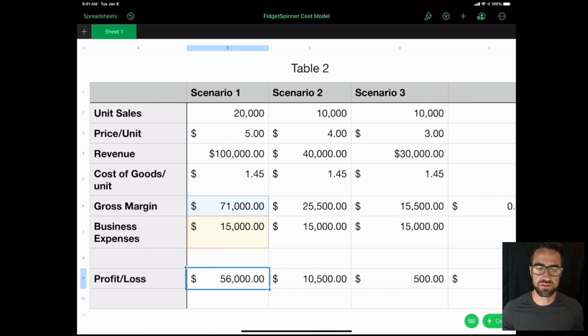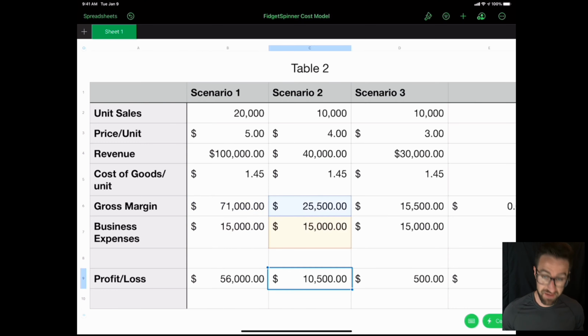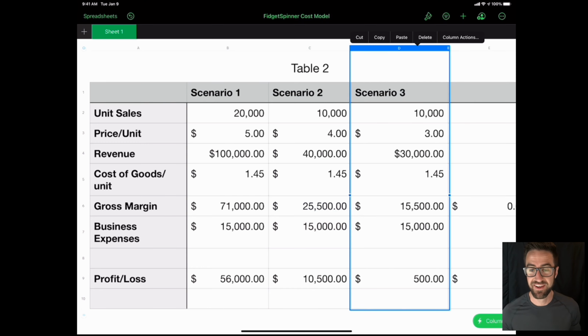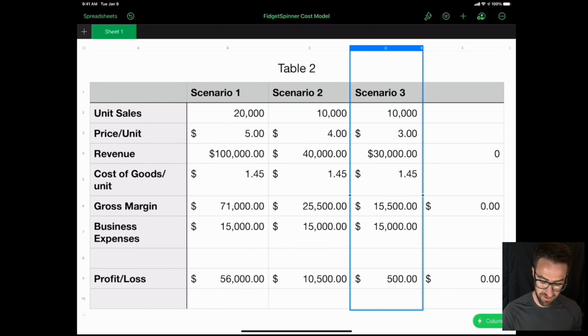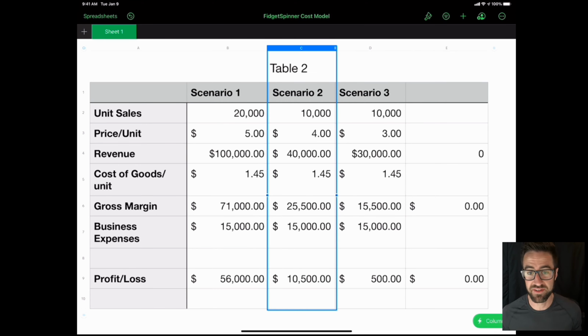Well, your profit margin quickly went down to 10% profit margin, which quite honestly, after all business expenses, a lot of companies shipping physical goods are looking at about a 10% profit margin. But what happens in month 3, in scenario 3 here, is catastrophic to your business. You're able to sell the same number of units, but now you need to sell it for $3 a piece because your competitor decided they wanted to squeeze you out of the market.